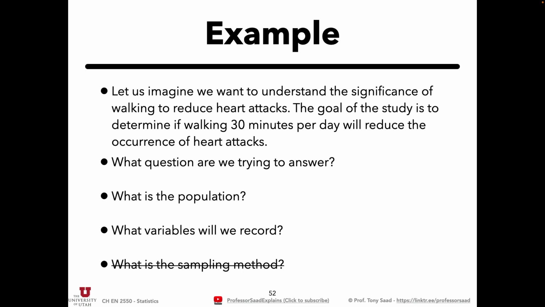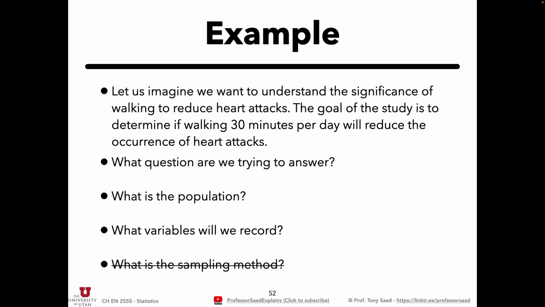Okay, what is the population? Could be everyone, or probably those who are at risk of heart attacks, at higher risk, or everyone in the population, right? What variables are we recording? Yep.